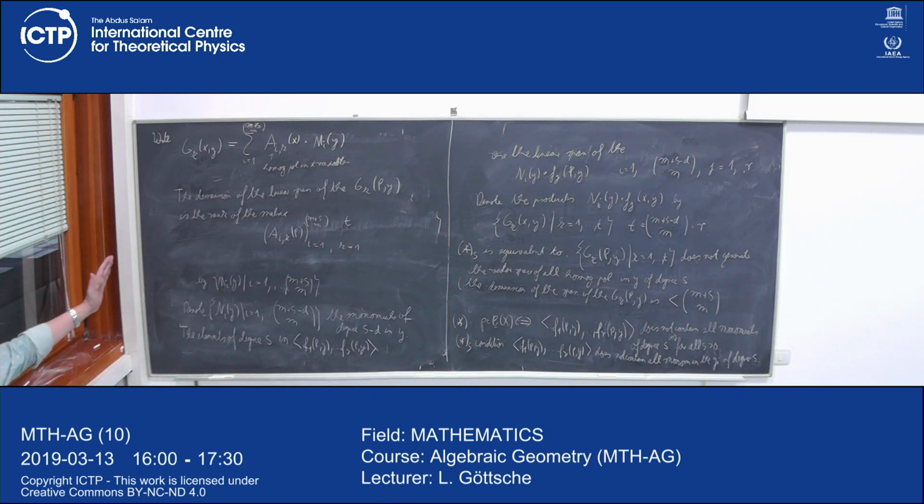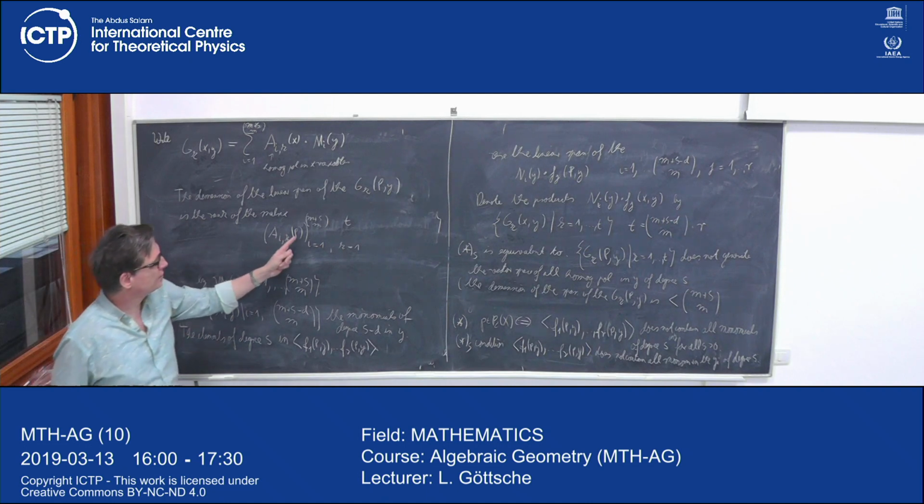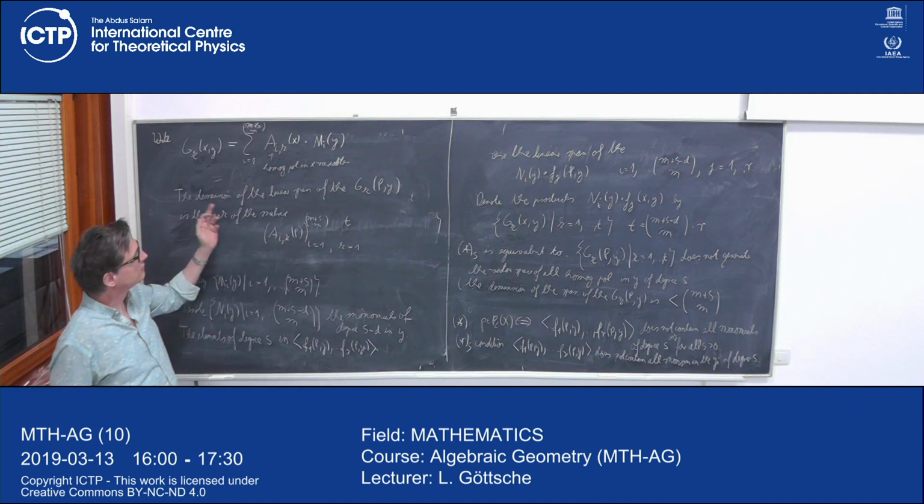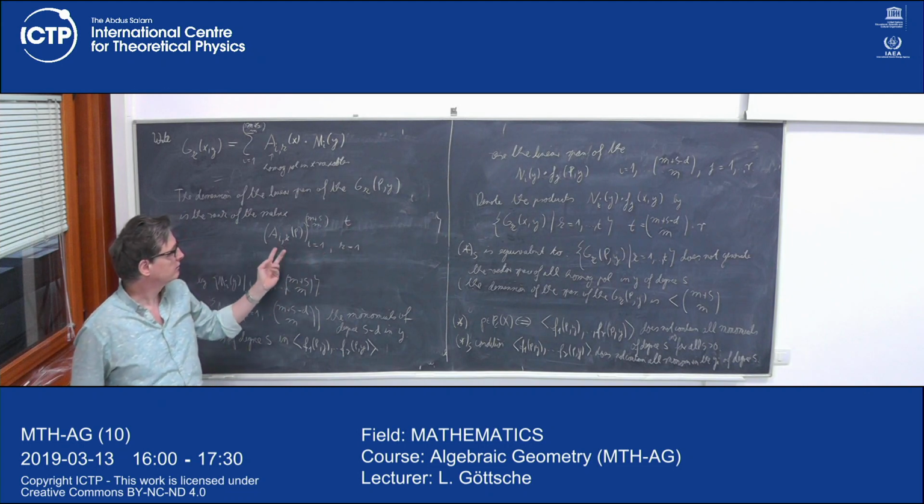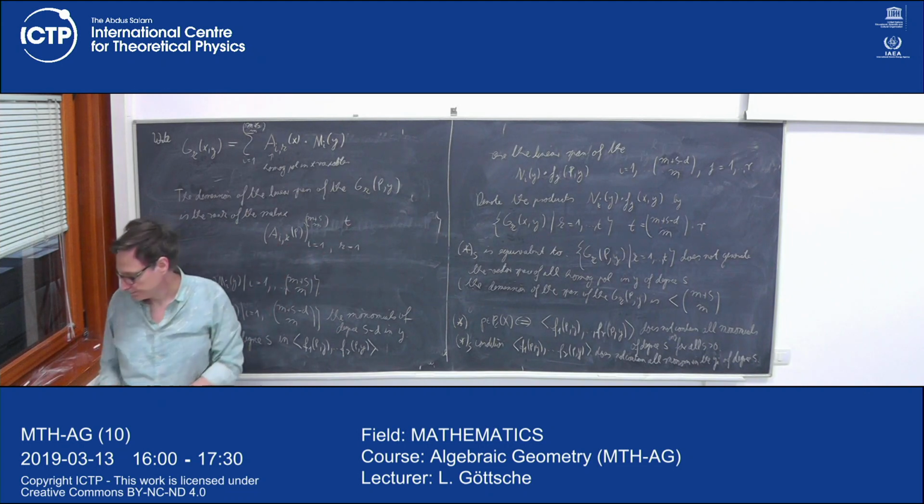So you have this huge, enormous matrix, and if I put P into the matrix, then the dimension of the linear span is equal to the rank of the matrix.